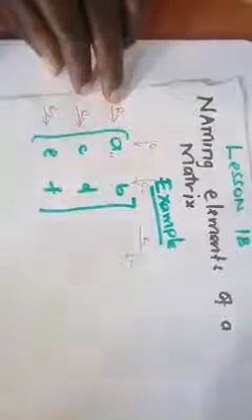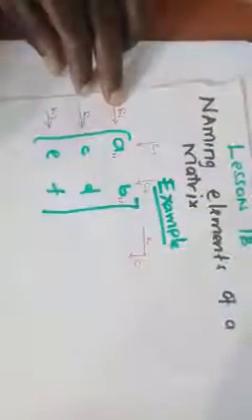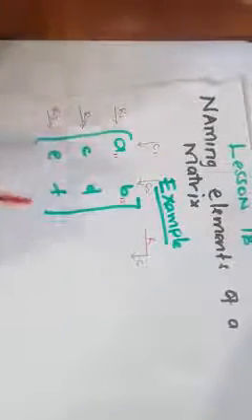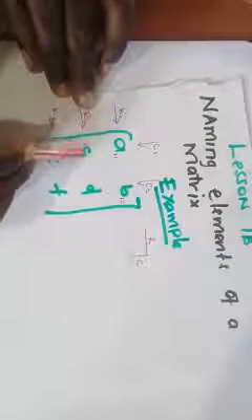Now, let's look at element B. Element B is in row 1 and column 2. So this is element 1, 2. We say element 1, 2 and not element 12. This is element 1, 1 and this is element 1, 2. We don't say element 11 or element 12. Now, what about element C?